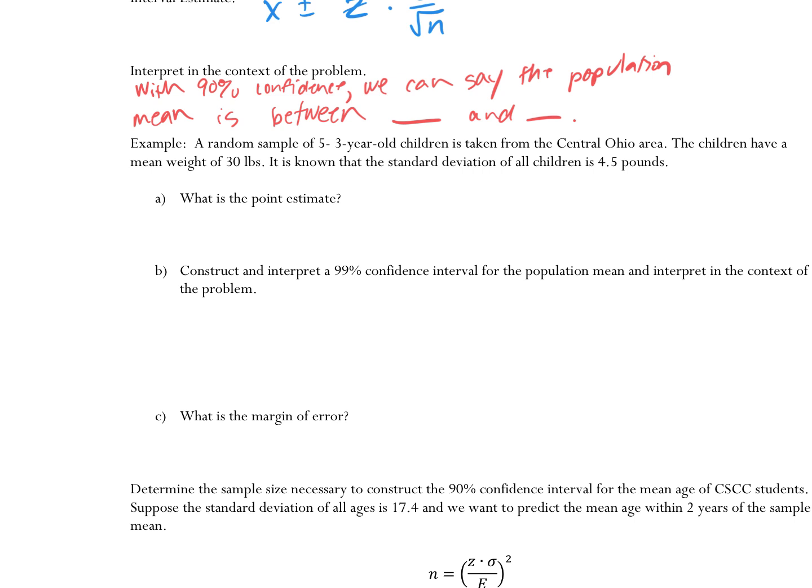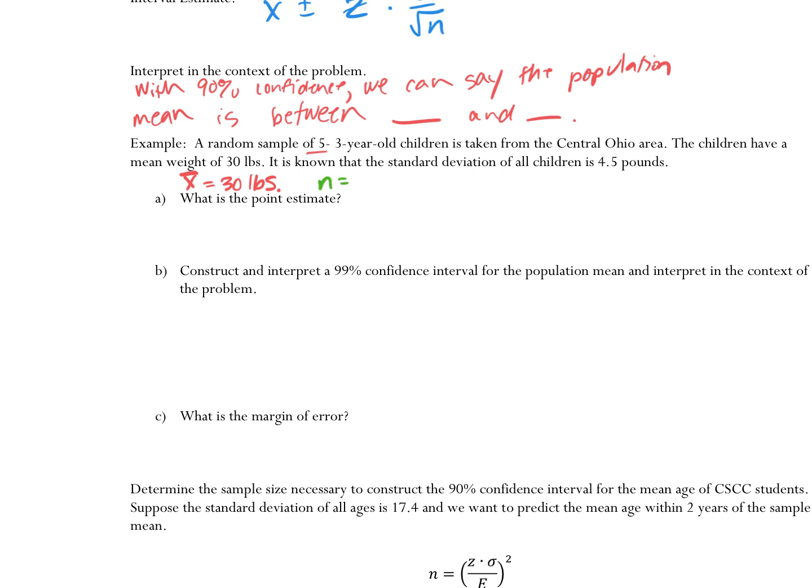So we take a random sample of 5 3-year-olds, and we find that the mean of that sample, the X bar, is 30 pounds. Does that mean the mean weight of all 3-year-olds is 30 pounds? No. Do you think it is close to 30 pounds? Probably.